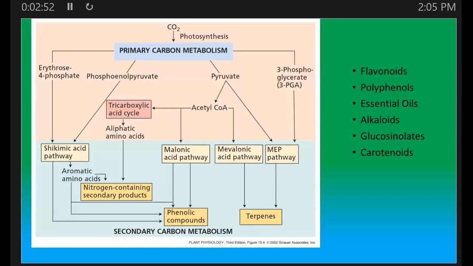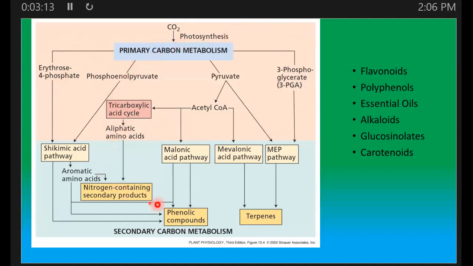Okay, so this flowchart is combining both the big picture idea of primary metabolism and secondary metabolism. So the top part is primary. And so this is stuff that's going on all the time inside the plant, minute to minute.